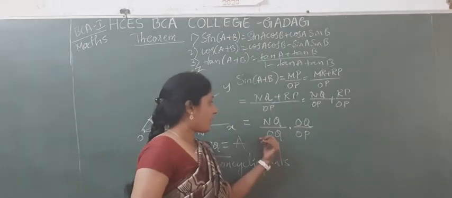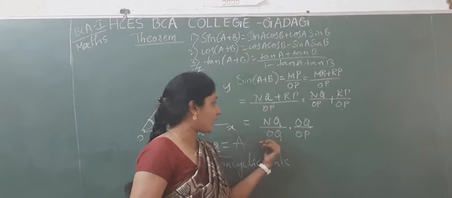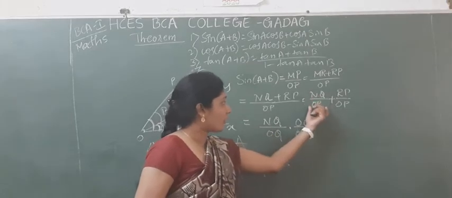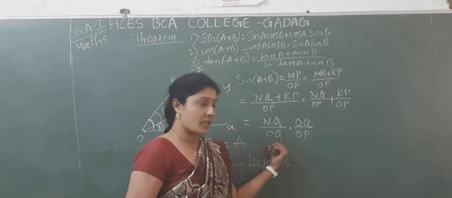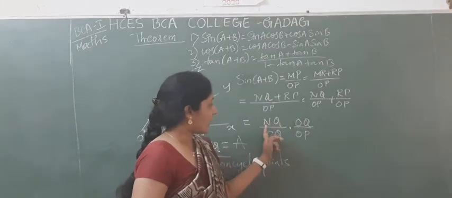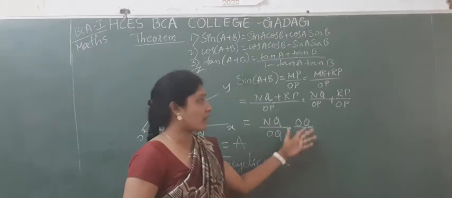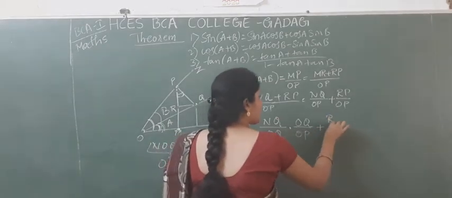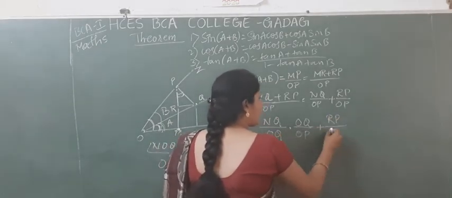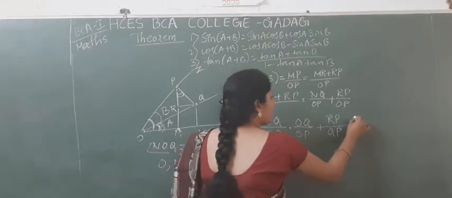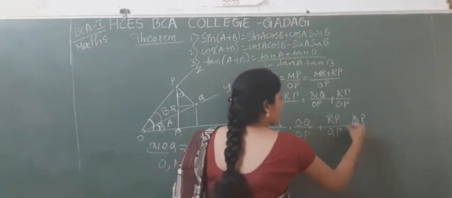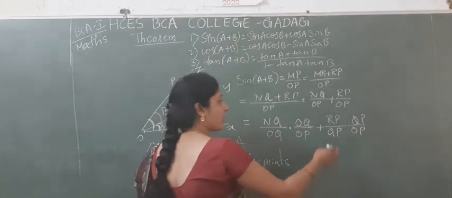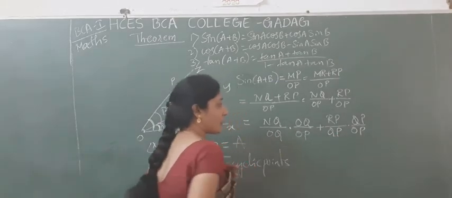I have multiplied and divided by OQ, so OQ gets cancelled, hence it is NQ divided by OP. The original equation remains the same. Plus RP divided by QP into QP divided by OP. Same here, I have divided and multiplied by QP.